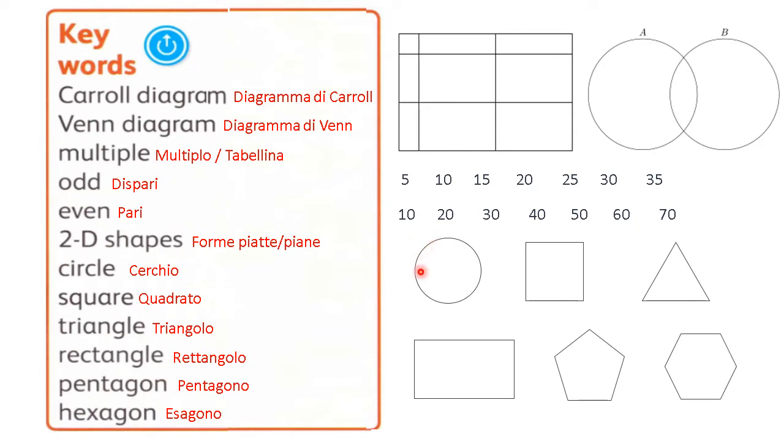Remember, circles have 1 side, squares have 4 sides, triangles have 3 sides, rectangles like squares have 4 sides, pentagons have 5 sides, and hexagons have 6 sides.